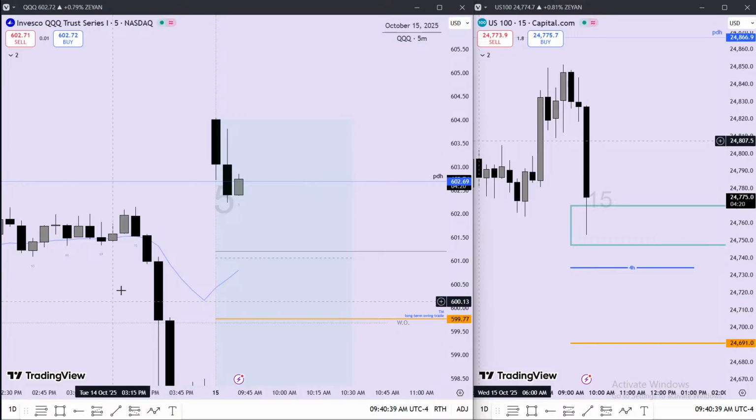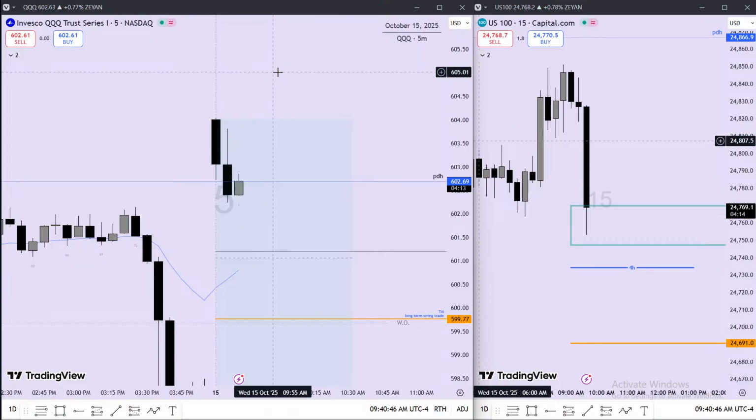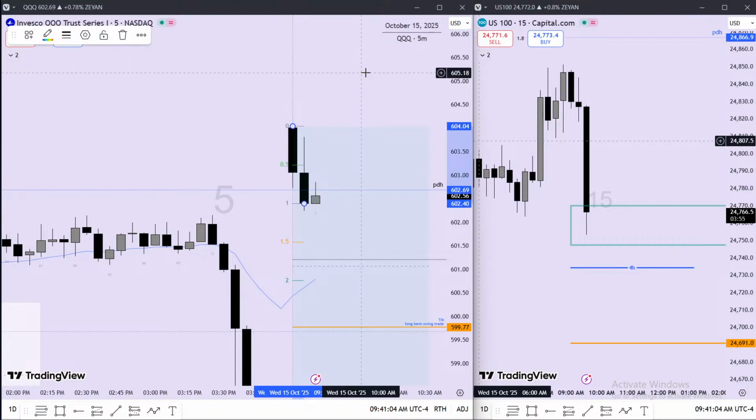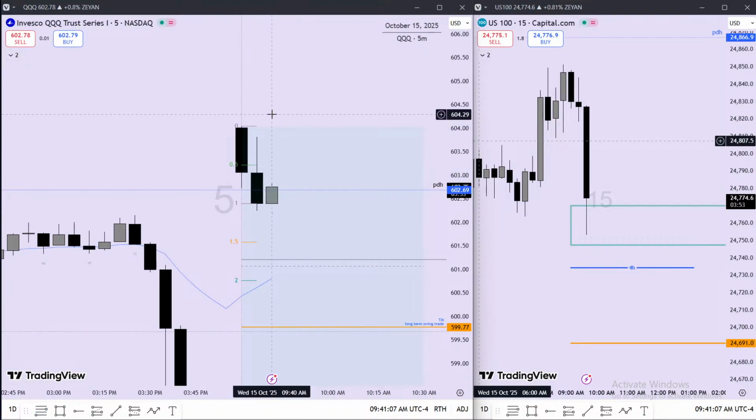We have gotten two bear bars. Single standard deviation of these two first bearish bars takes us back to the 20 period moving average.